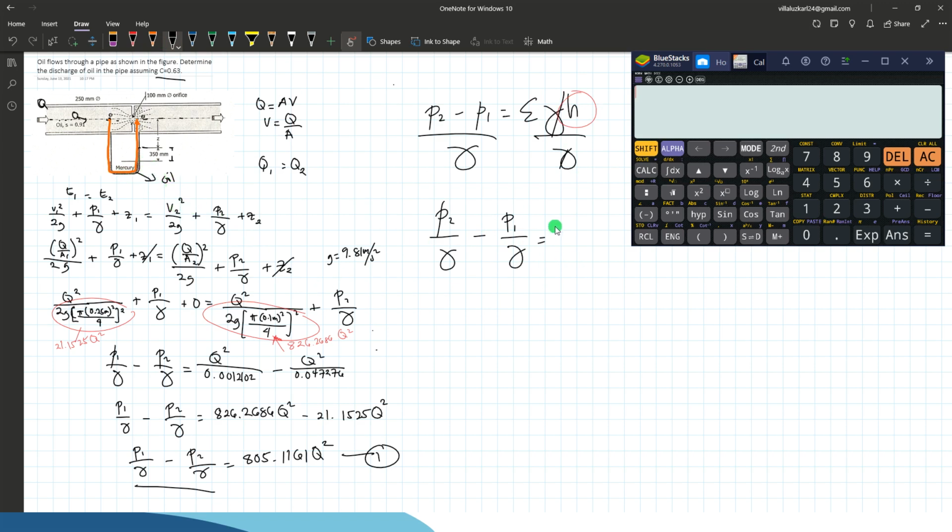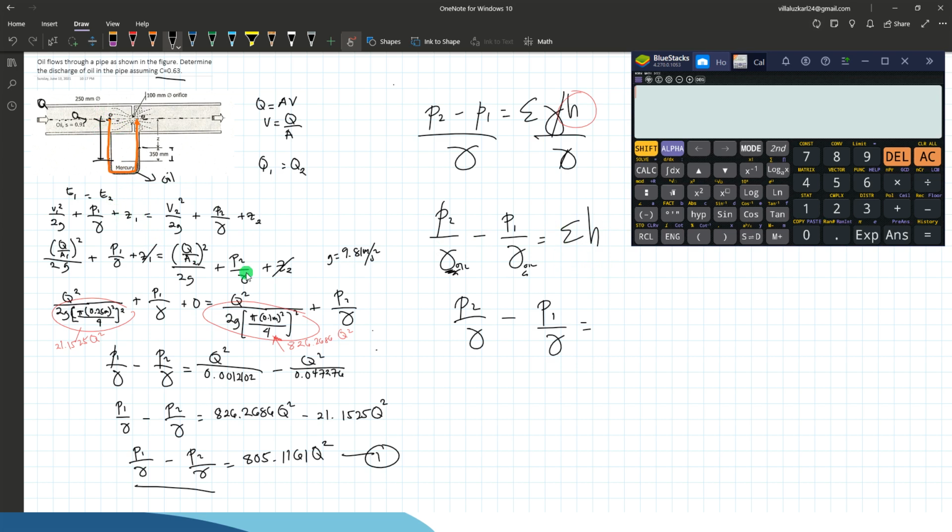So the sum of heads, because the unit weight used here is that of oil, same as in equation 1. P2 over gamma minus P1 over gamma equals the sum of the heads from point 1. Point 1 going to this point, that's oil.